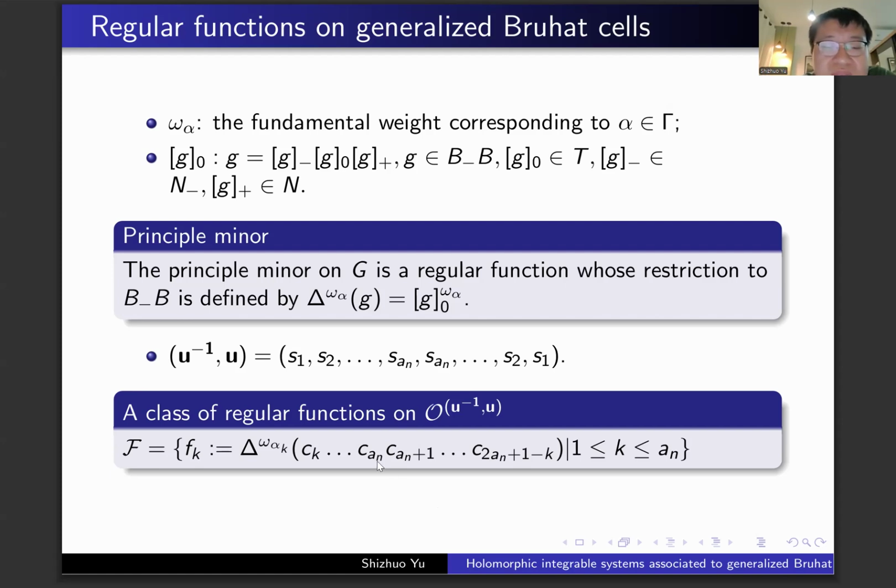It means that we just take the middle 2m elements, multiply the building blocks together, apply the principal minors, and we get a class of regular functions. Actually, this collection of regular functions is the integrable system, once we equip nice Poisson structures on the generalized Bruhat cells.